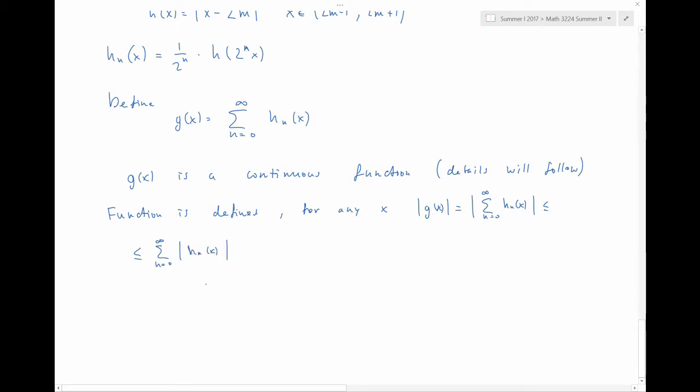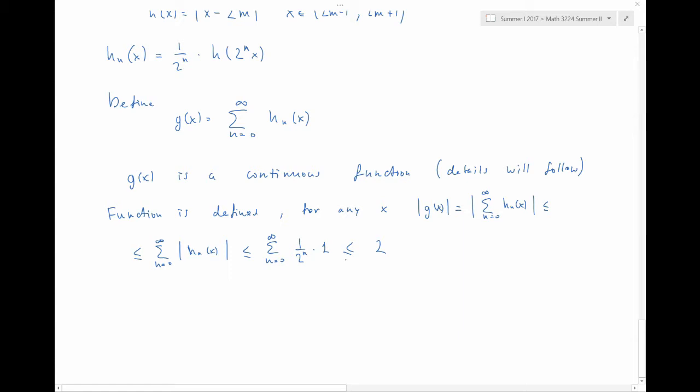The original function h was having values from 0 to 1, so h is always less than 1. But h_n is defined as 1 over 2^n times the value of h, which is no more than 1. But the sum of the terms 1 over 2 to the n is actually no more than 2.